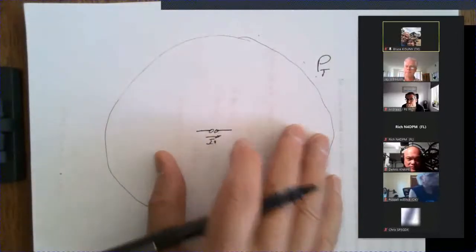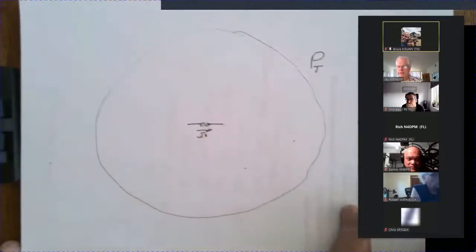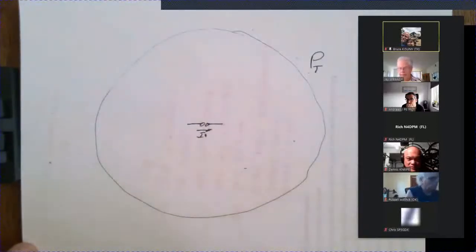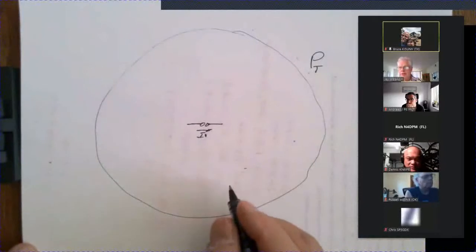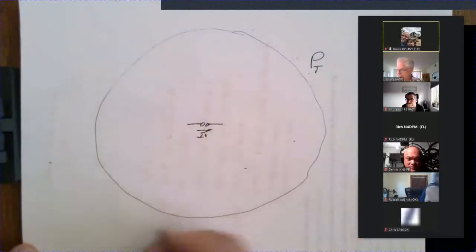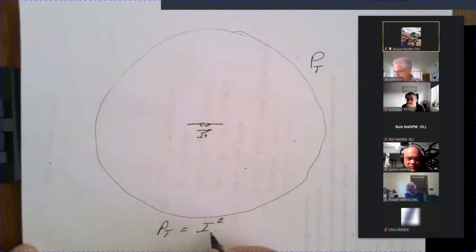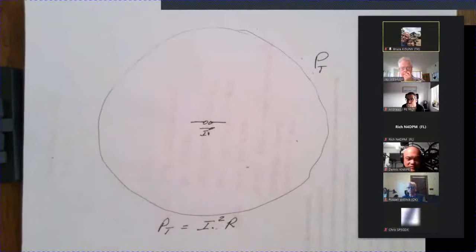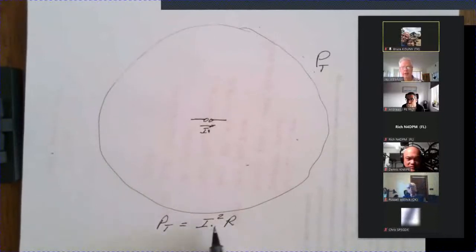Okay. So most of you, if you're taking your amateur exams, should know the relationship between current and power. Basically, the total power here, if there are no other sources of power floating around in here, is the current squared times some resistance.